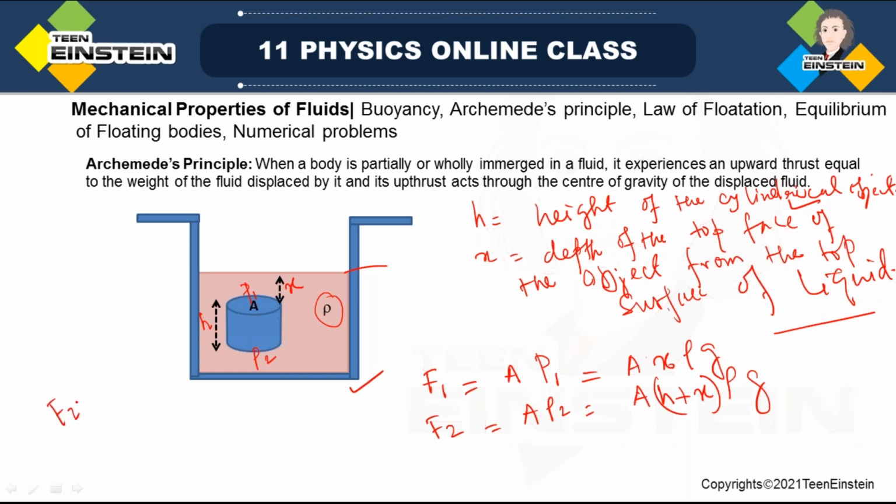Now we can understand that there will be a resultant upthrust, F2 minus F1.